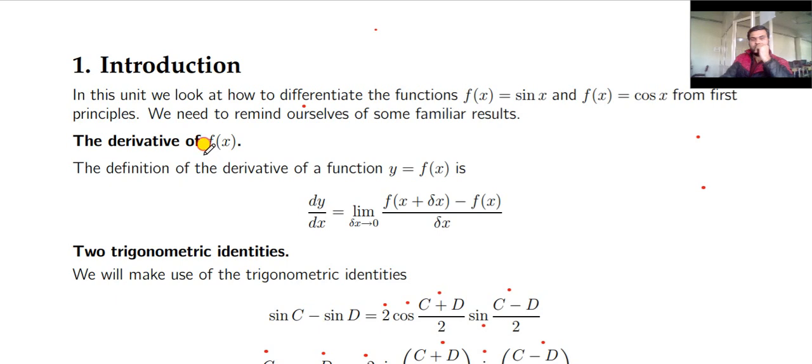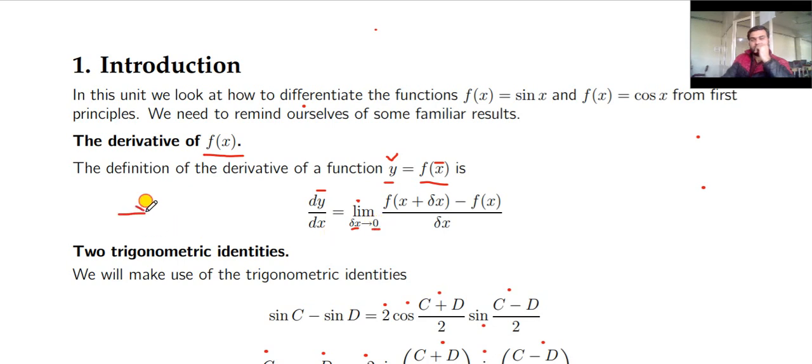Suppose we have a function f(x). So we assume y is equal to f(x). To differentiate this y with respect to x, we write dy by dx. And the formula is: limit del x tends to 0.